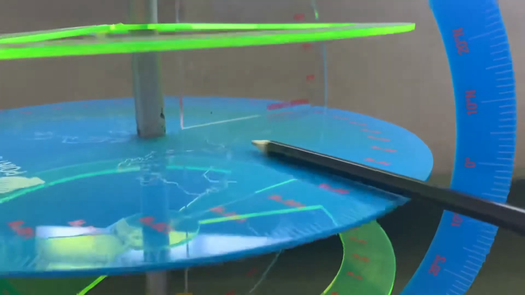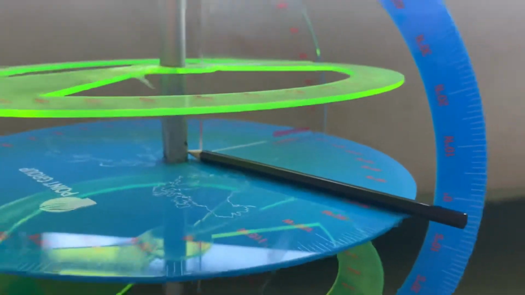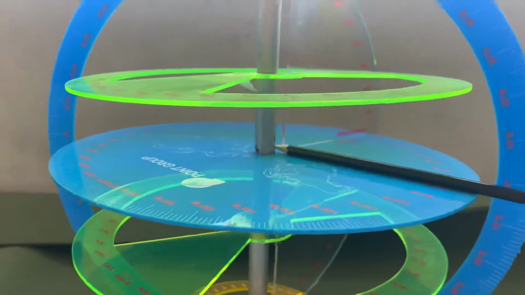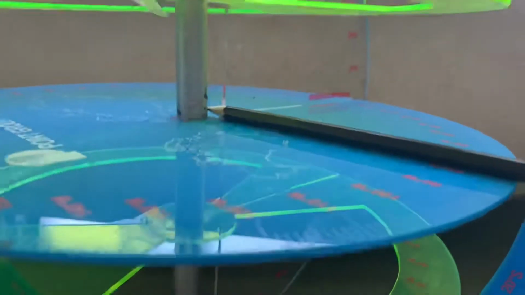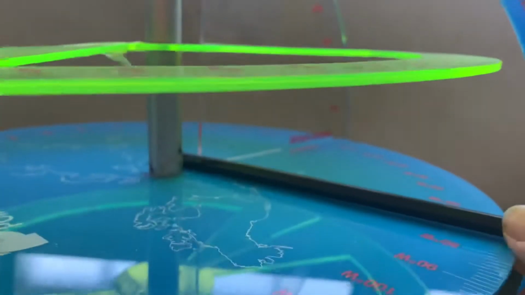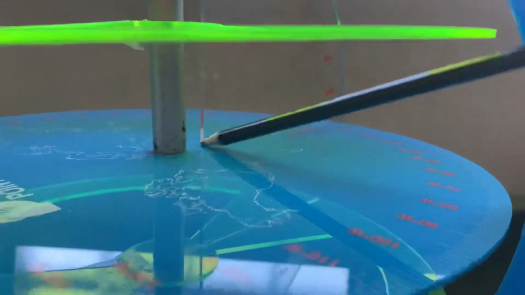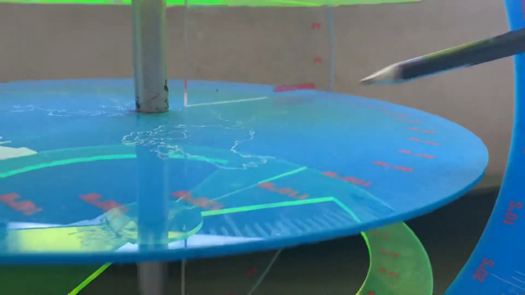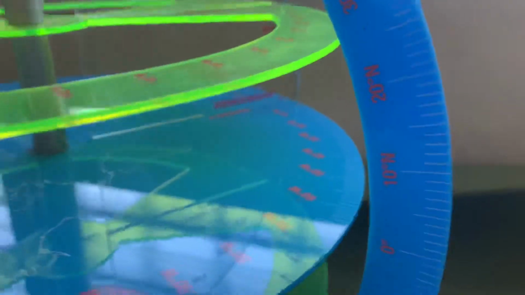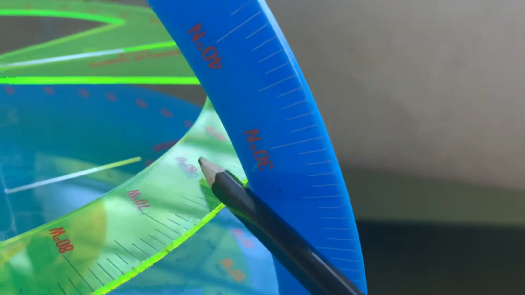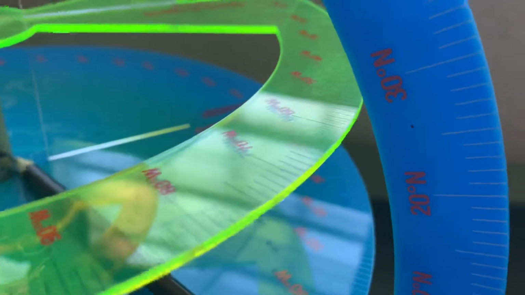So the equator is here. The equator is given latitude 0, neutral, no south, no north. If you measure the angle above, let's say you measure up 20 degrees, this is 20 degrees north. We always have to measure from the equator.